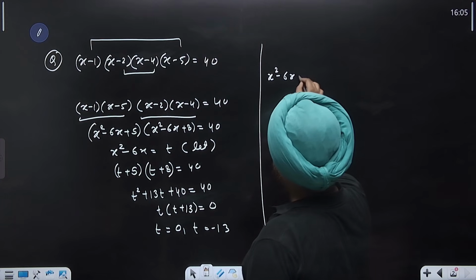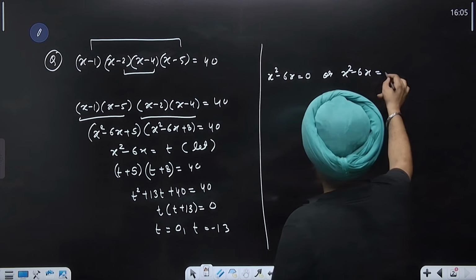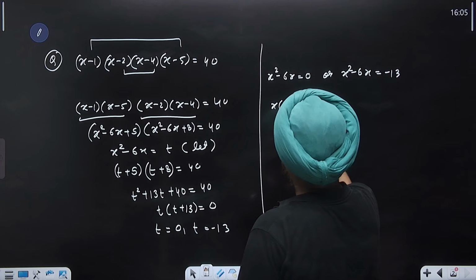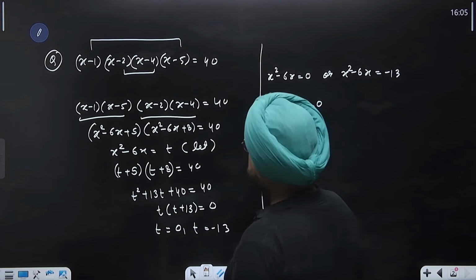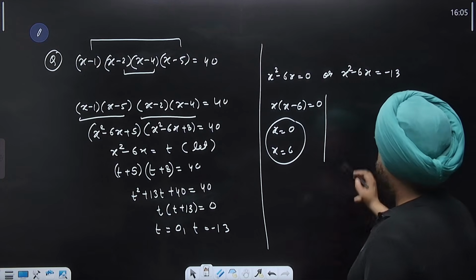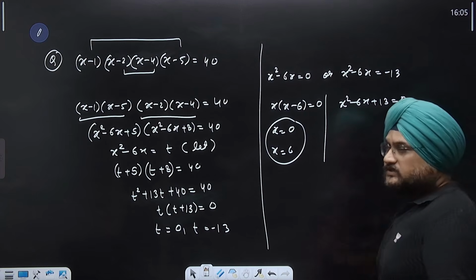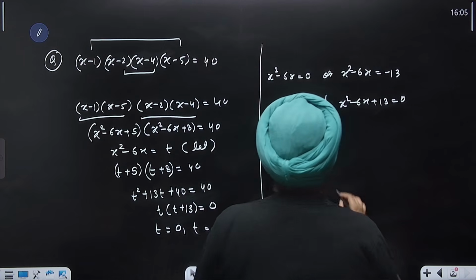So x square minus 6x is equal to 0 or x square minus 6x is equal to minus 13. So we needed to find the value of x. Two values are 0 and 6. And for the other two values we can see that the discriminant of this quadratic equation is negative. So both the roots will be non-real.